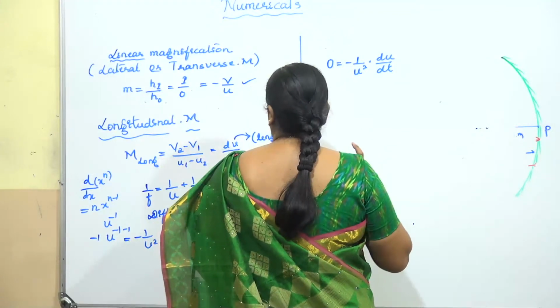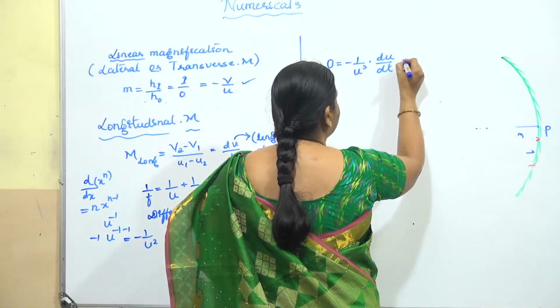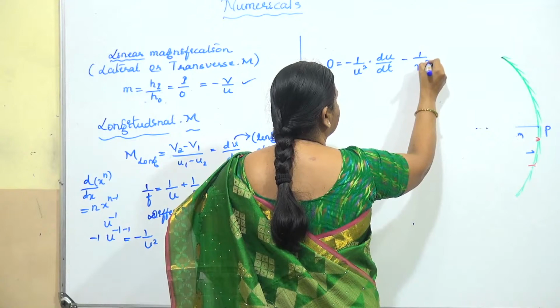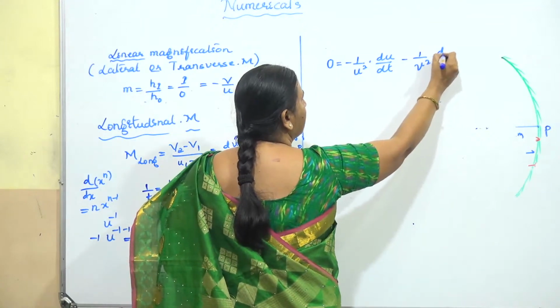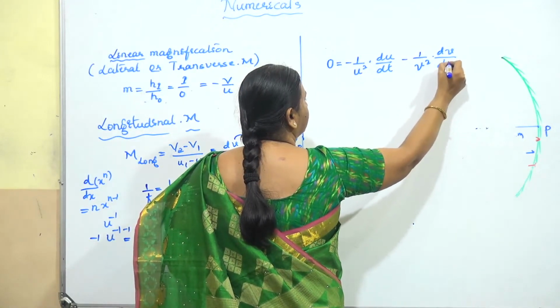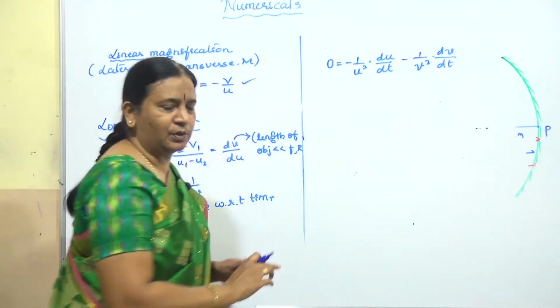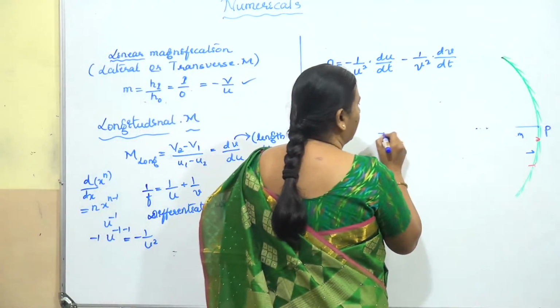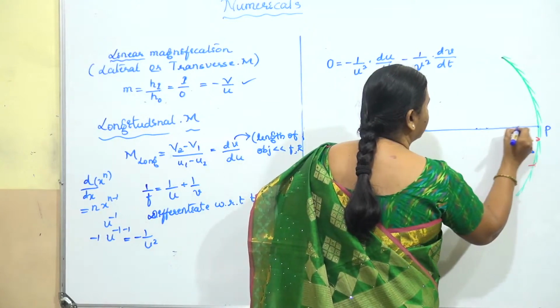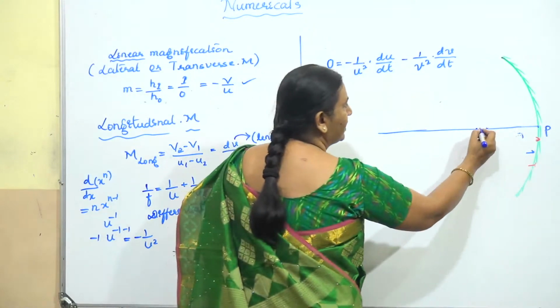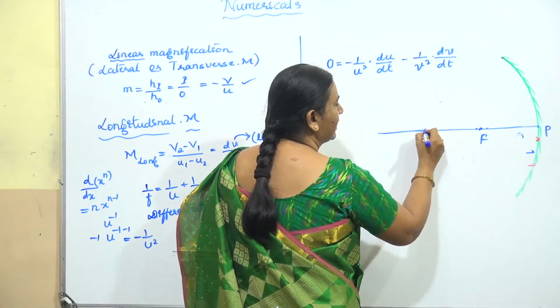So v becomes 1 by v square into dv by dt. Let me draw once again the same thing, a simple one point object. This is the principal focus, and this is the center of curvature.